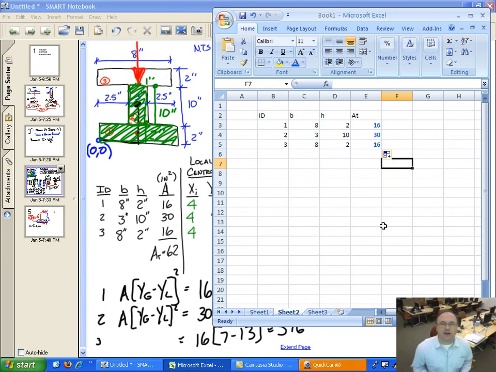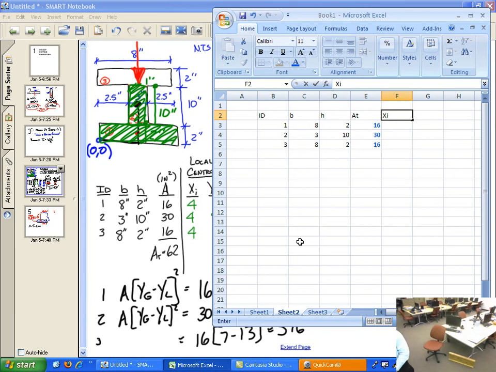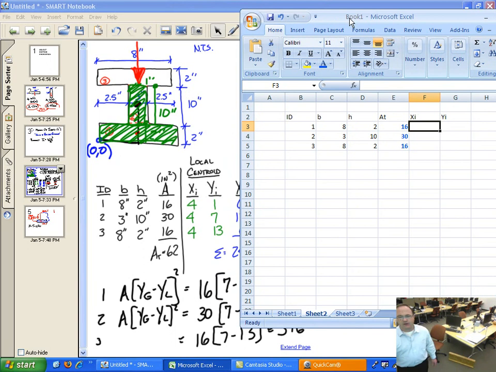The reason I do that is black is just default values. They're givens. Blue is your calculations. So we have an area total. And then I have a local centroid, xi, yi, and that was hand put in at 4.1, 4.7, and 4.13.